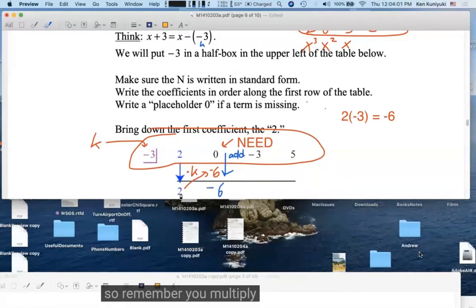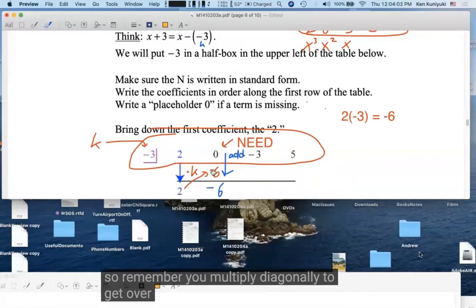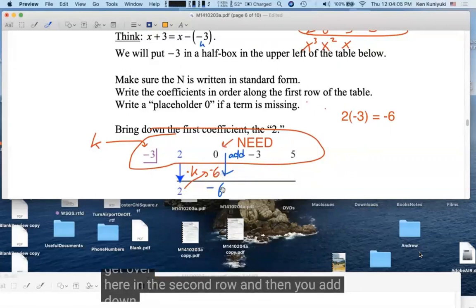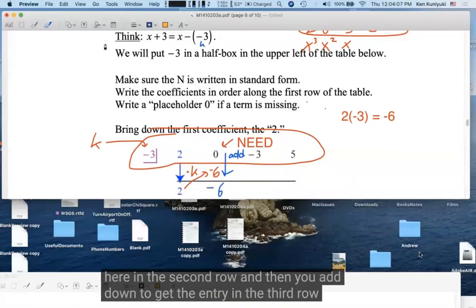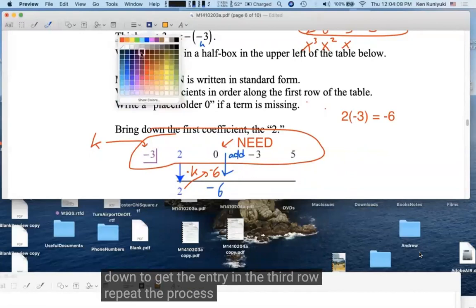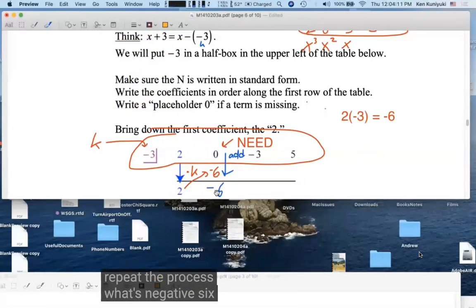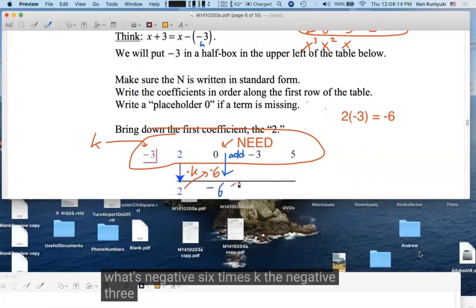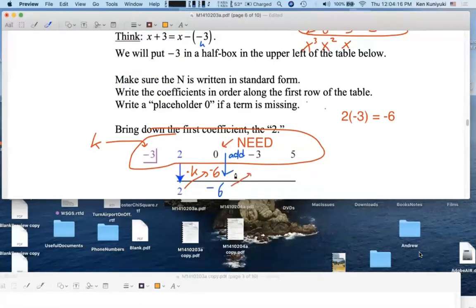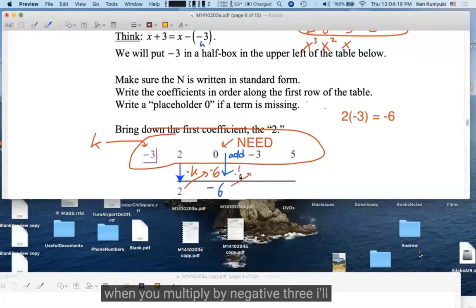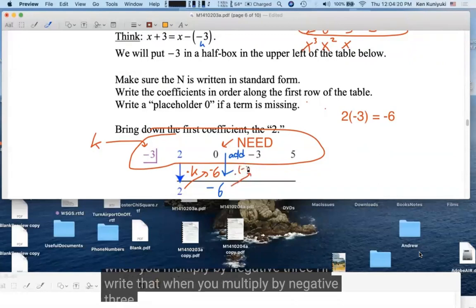So remember, you multiply diagonally to get the entry in the second row, and then you add down to get the entry in the third row. Repeat the process. What's negative 6 times negative 3?